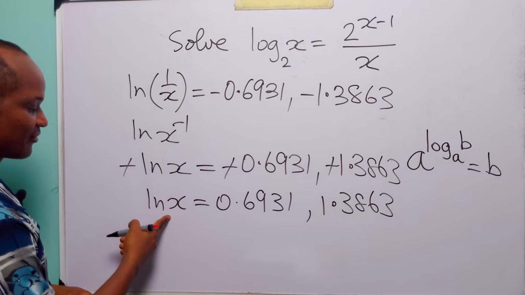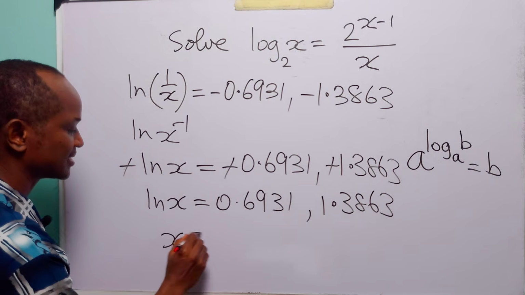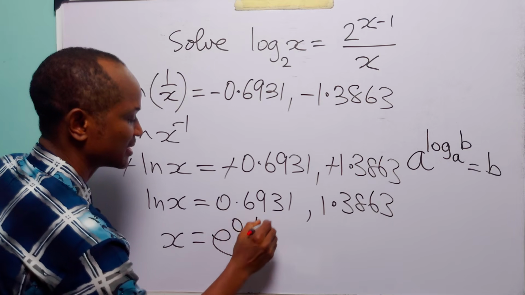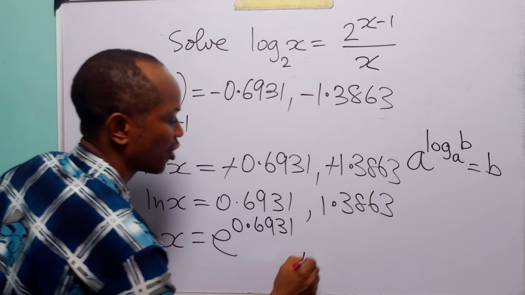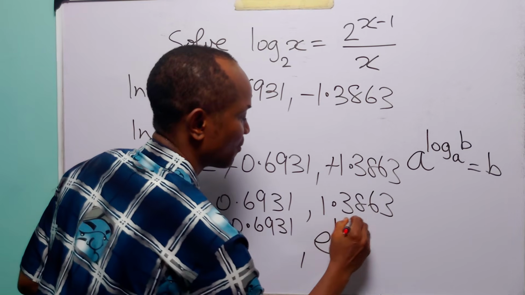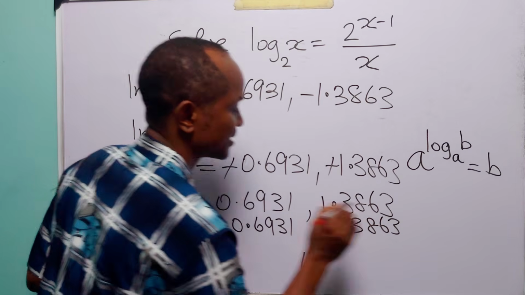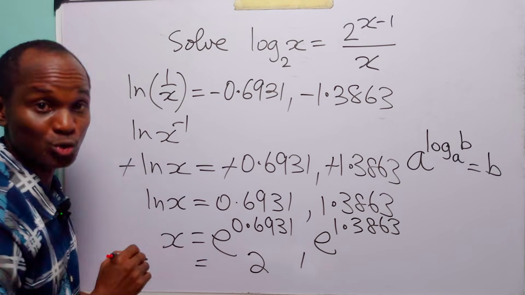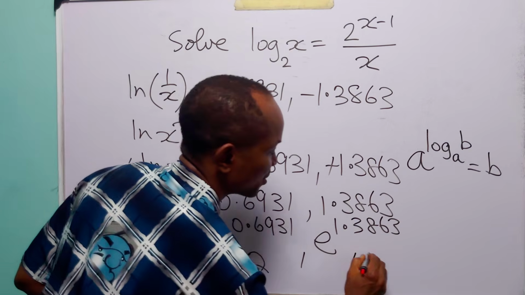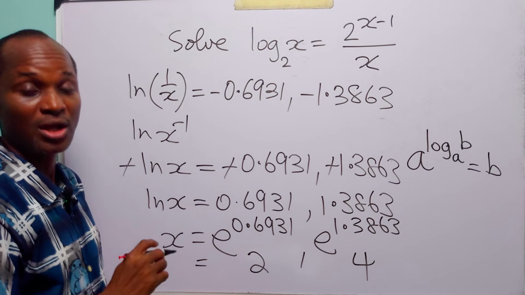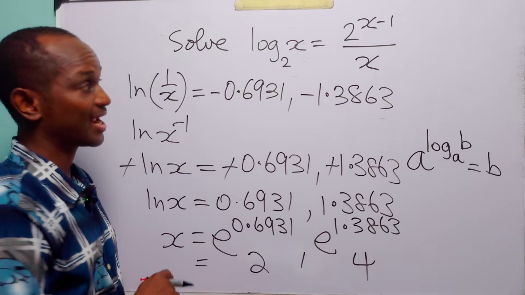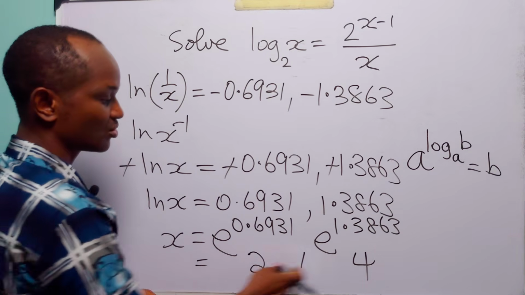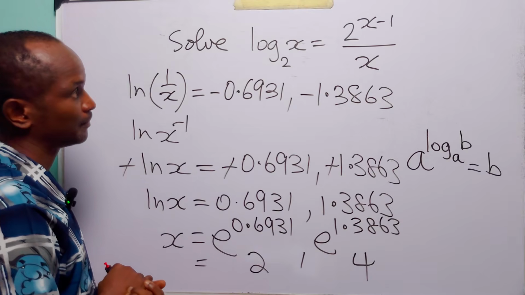Of course, you know that from here we have that x is equal to e to the power 0.6931 or e to the power 1.3863. Now this is approximately equal to 2 and this is approximately equal to 4. So we have that the 2 values of x that satisfy this logarithmic equation are 2 and 4.